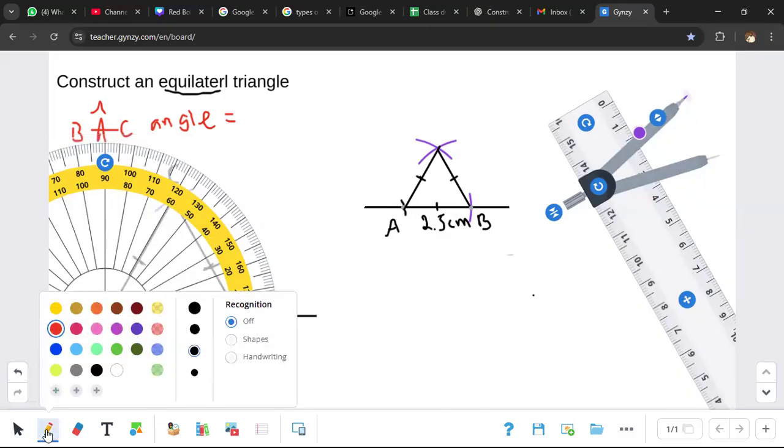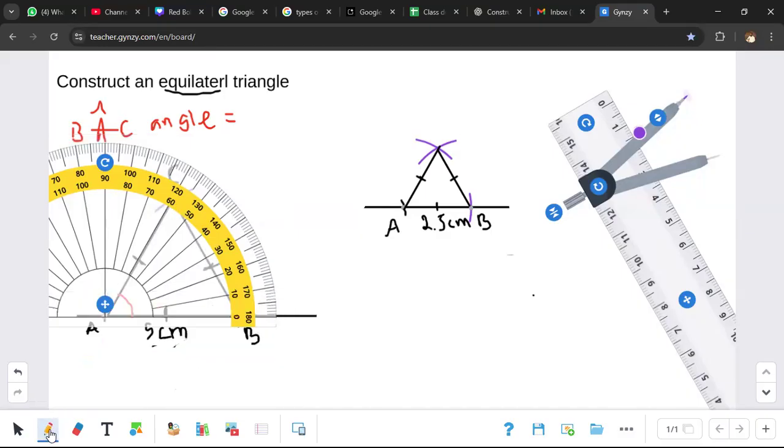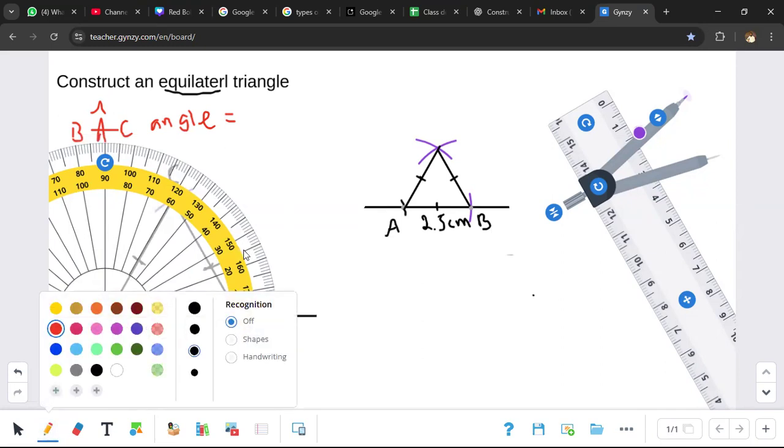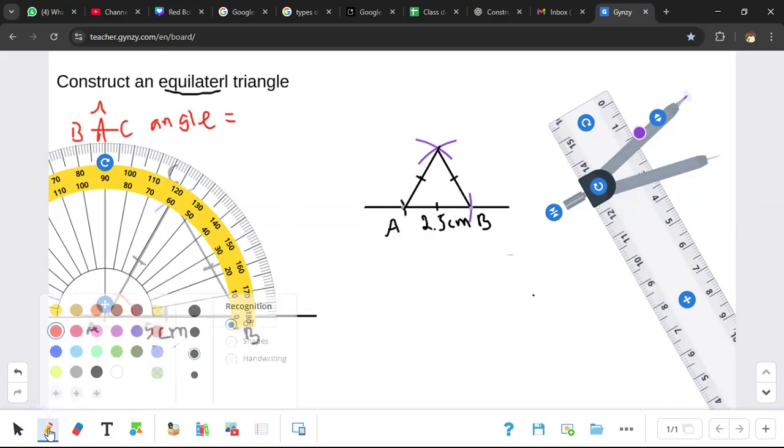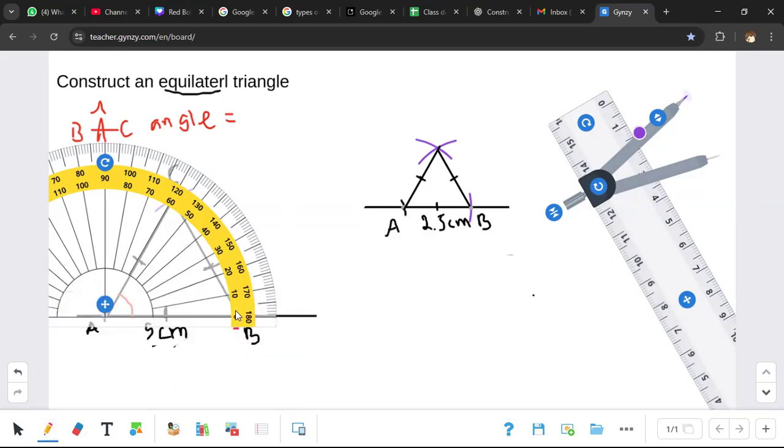So how do you measure the angle? Right? So this is where my zero is. So here you have zero, right? And 0, 10 degrees, 20, 30, 40, 50, 60 degrees. So your BAC angle is 60 degrees. So you can measure it.